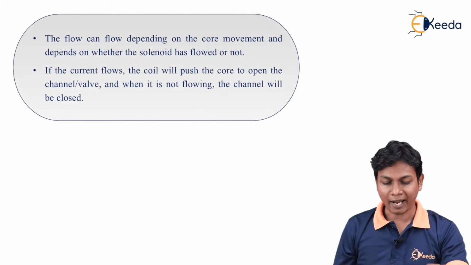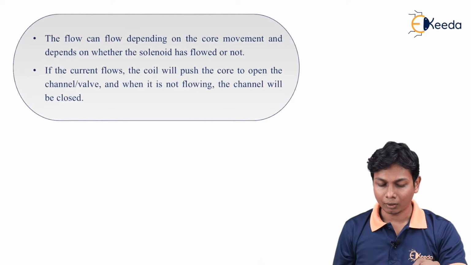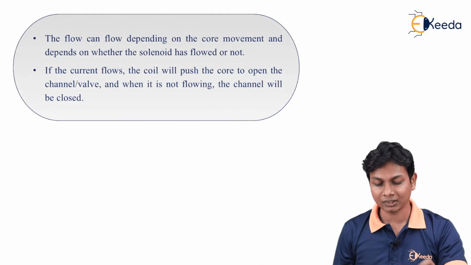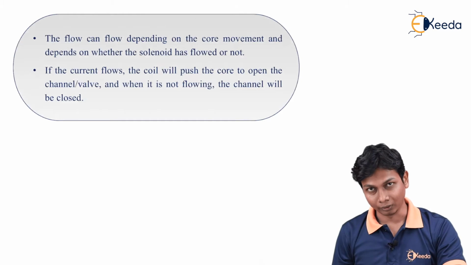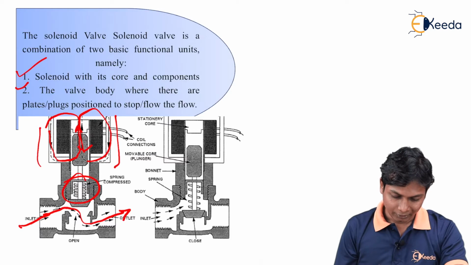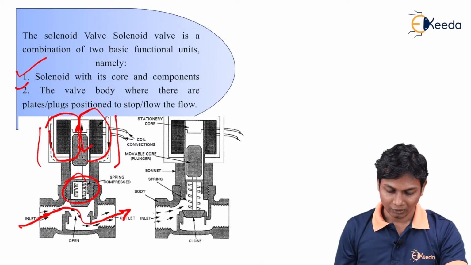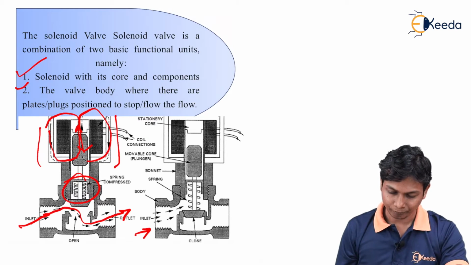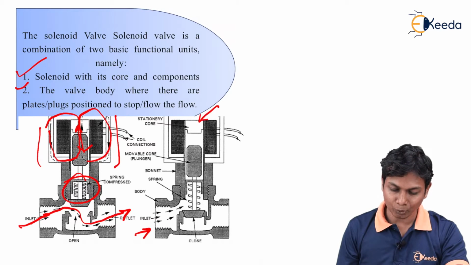The flow depends on the core movement and on whether the solenoid has current flowing or not. As you see in this diagram, at the inlet there is the flow of liquid, and inside the solenoid the liquid is flowing only through the inside way, and that's why our core is in a stationary position.